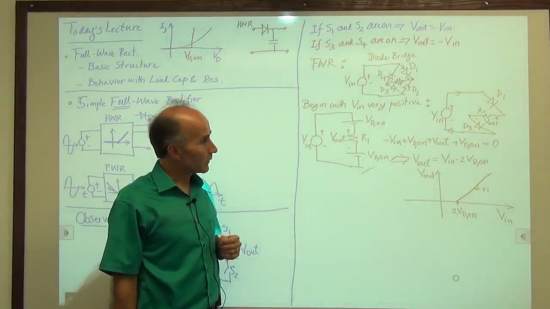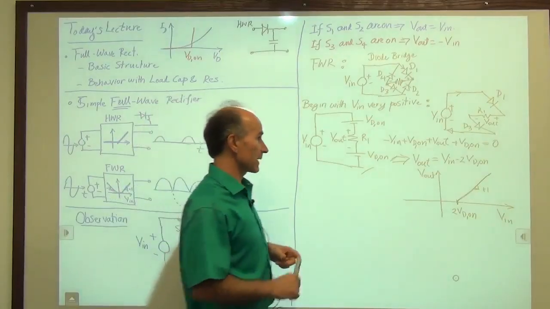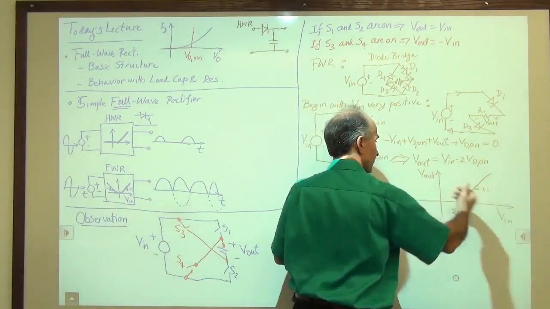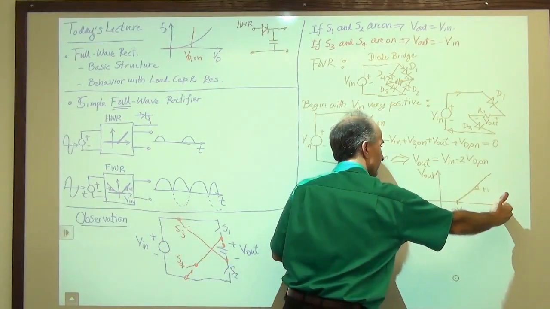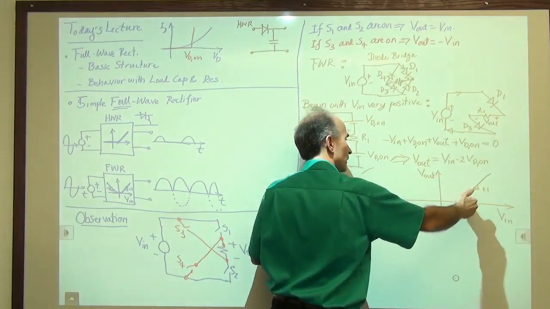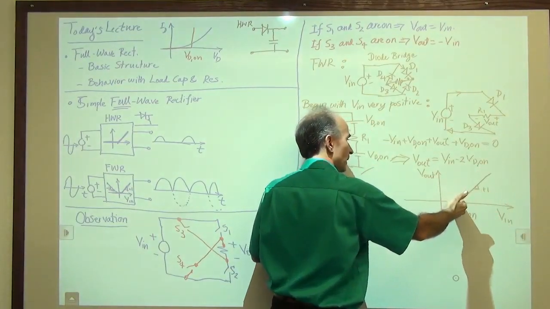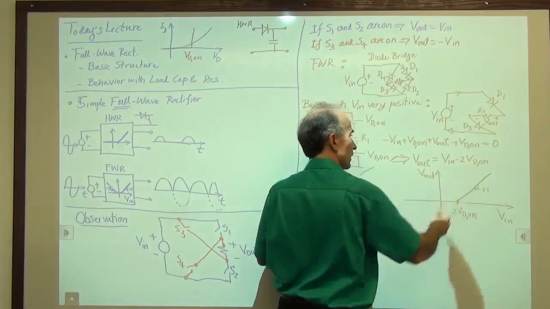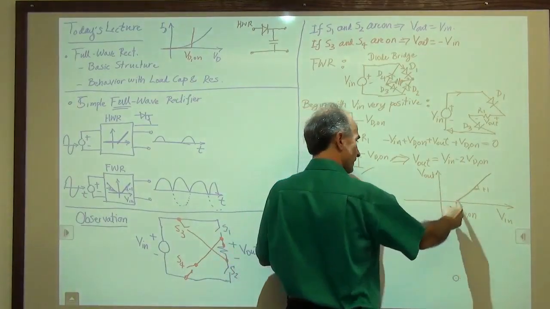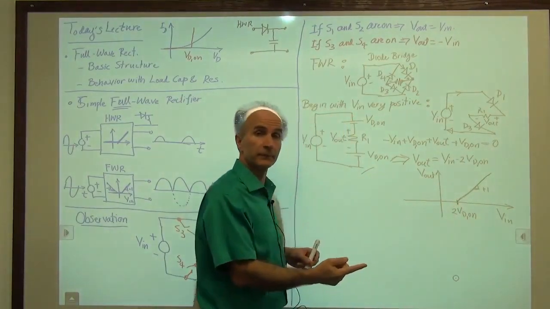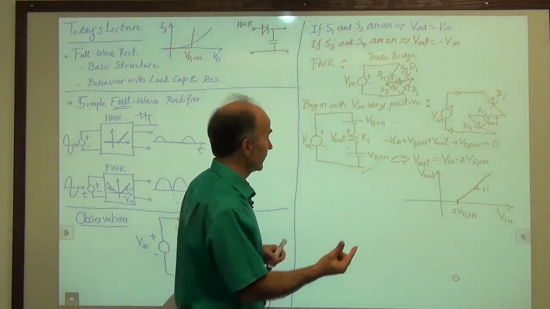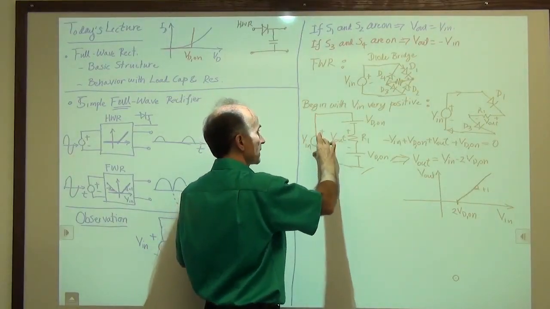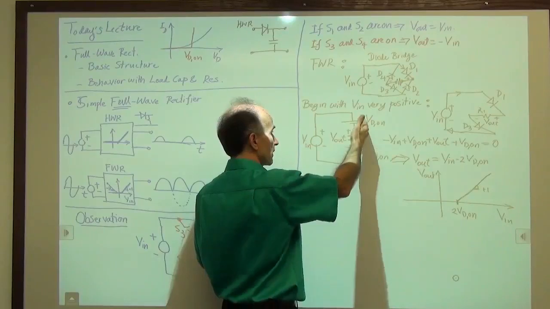All right, so what we see is that as Vin starts from a very positive value and comes down, Vout also comes down. The difference between them is only 2 diode drops, and at some point Vout reaches 0. Why does Vout reach 0? Well, because if this voltage collapses, these batteries don't change, they still have their value.